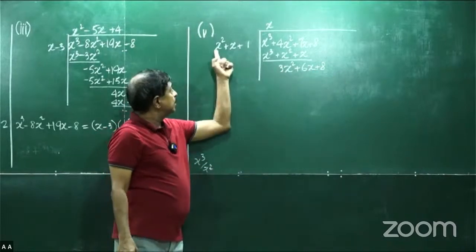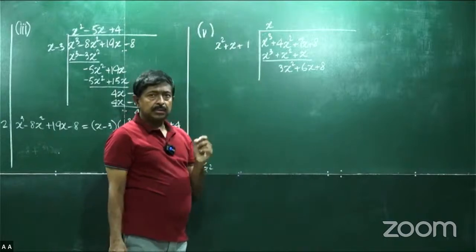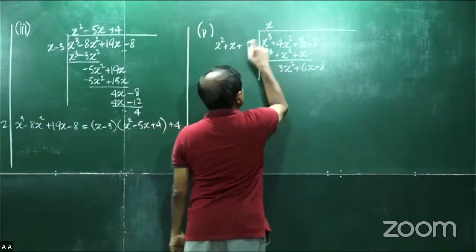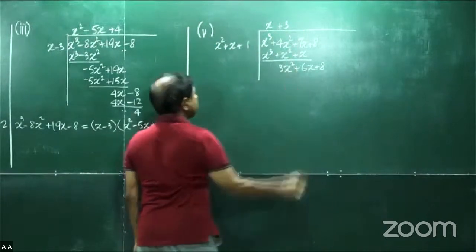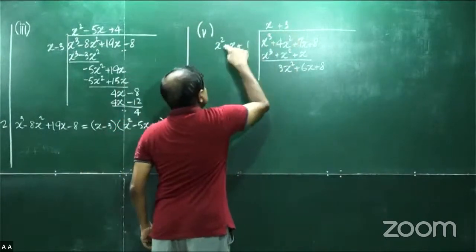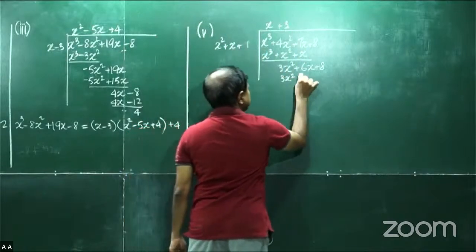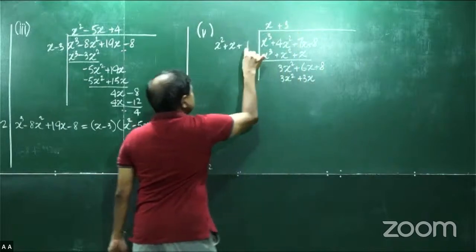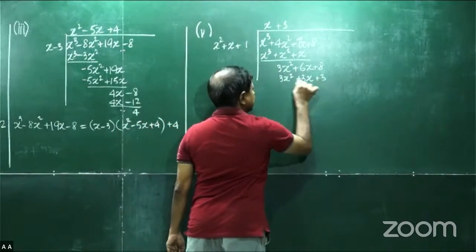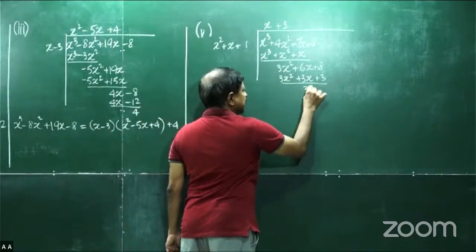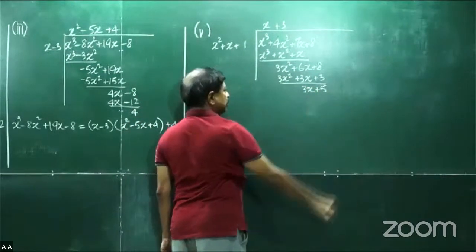Now divide the leading terms. 3x squared divided by x squared, you get 3. So 3 times this guy, 3x squared, 3 times x, 3x, 3 times 1 is 3. Subtract this 0, this 3x plus 5.